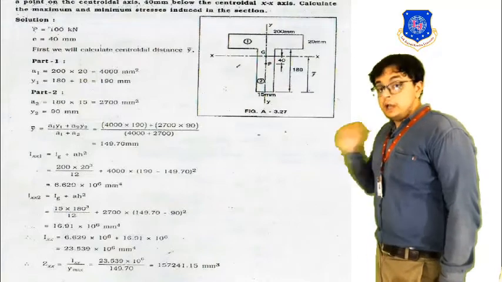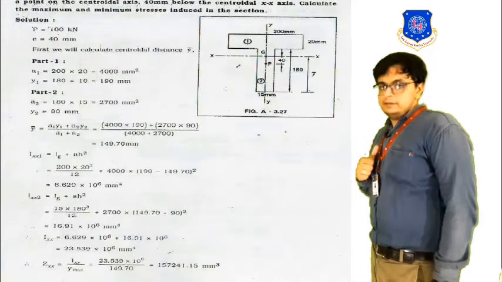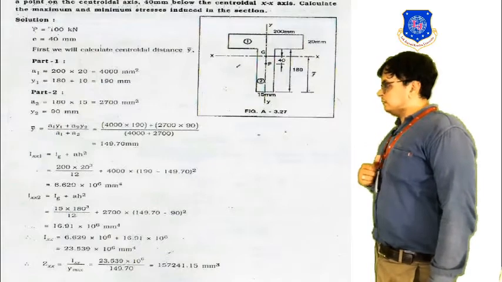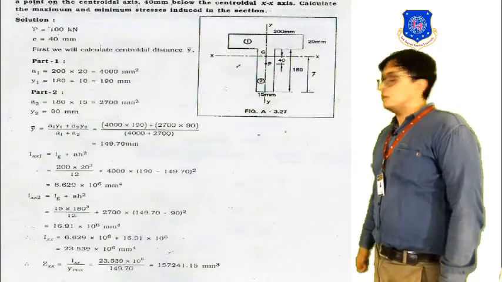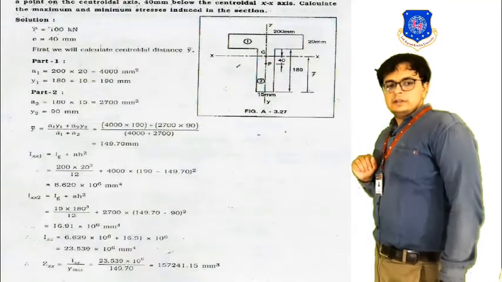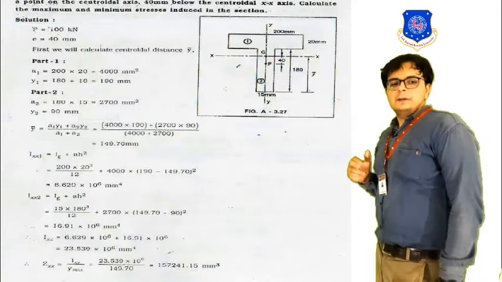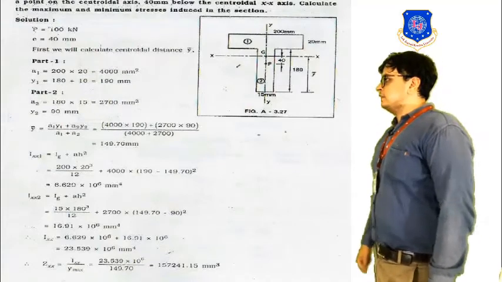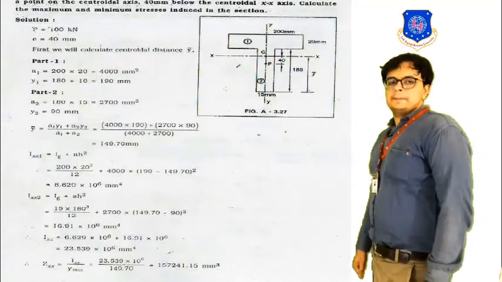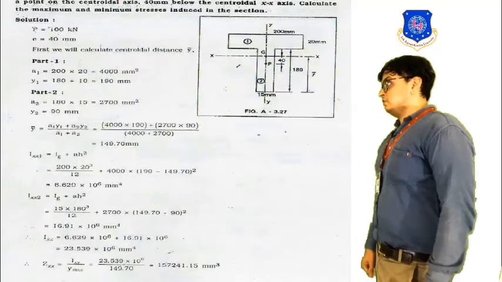We have found the centroid of the overall section, that is y bar, and we have found the section modulus of it. The section modulus we are getting is 15724.15 mm^3.